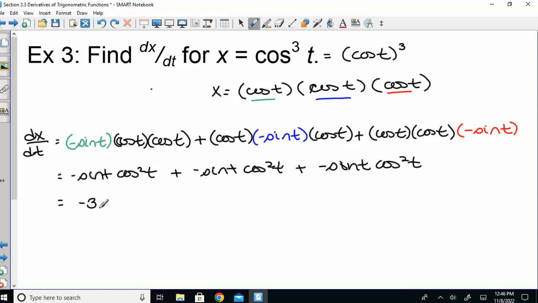Negative 1 plus negative 1 plus negative 1 is negative 3 sine t cosine squared t. So the product rule can be used for more than 2 terms at a time. Questions there?